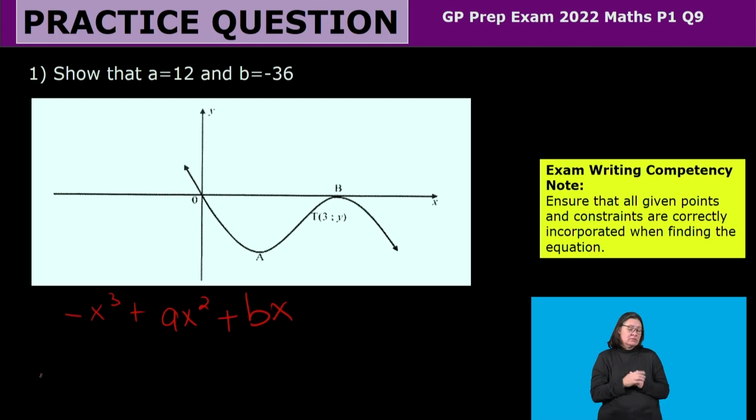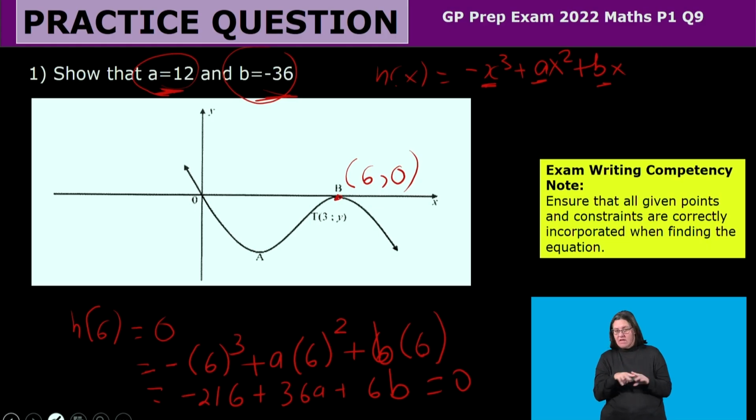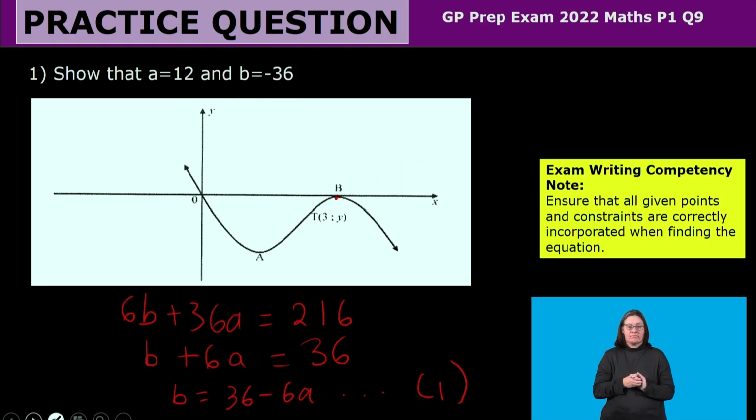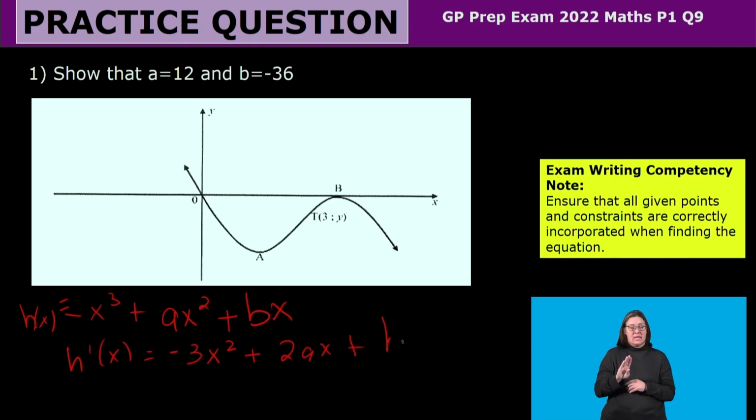What do we end up with? Let's just go back there and make sure that we've got our values down correct. Yep. The derivative would be negative 3x squared plus 2ax plus b is equal to 0.